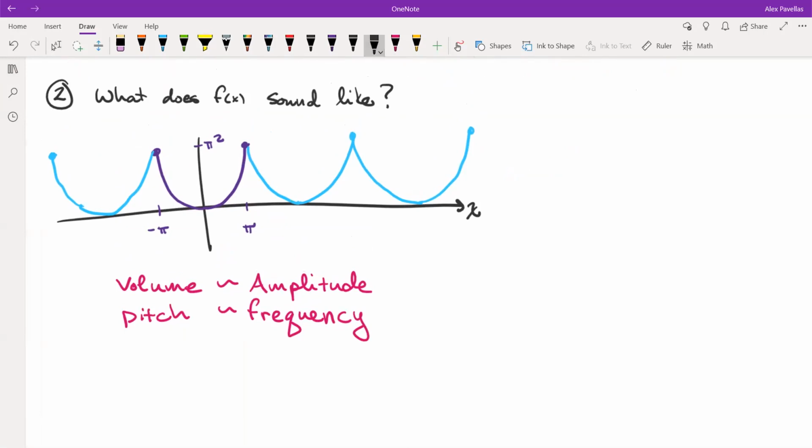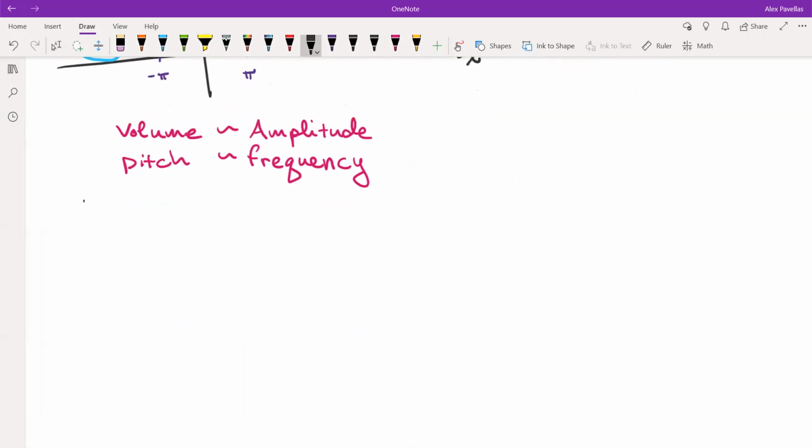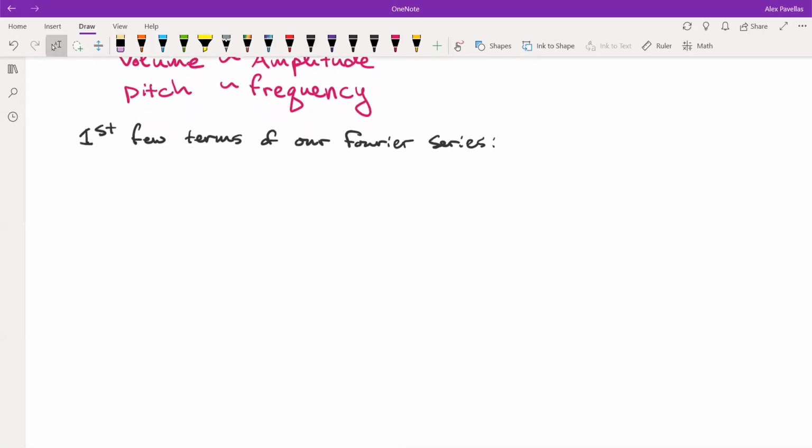So now if we look at the first few terms of our Fourier series. Our f of x had the constant term, pi squared over 3. By the way, this would be like the 0 frequency.